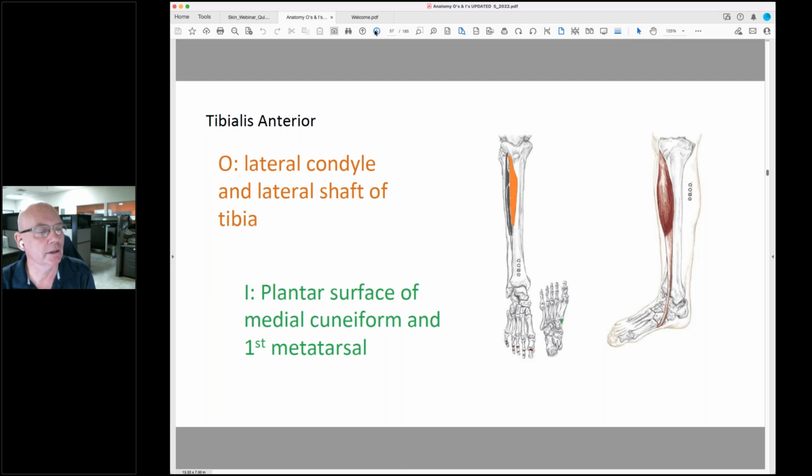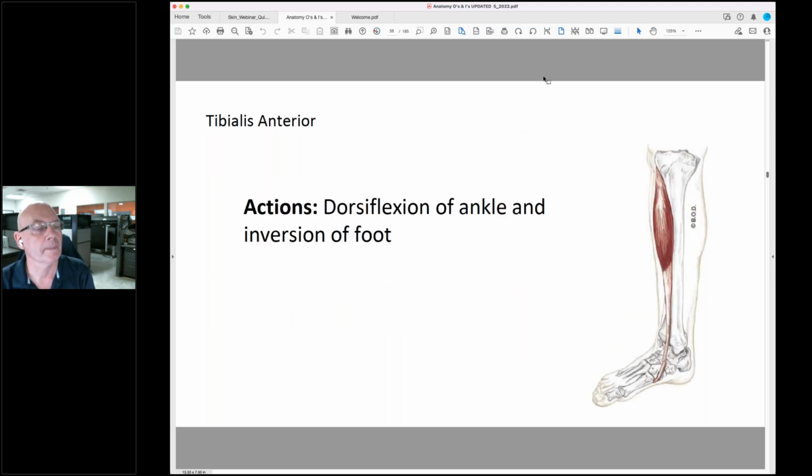Okay, the actions of tibialis anterior. Dorsiflexion of the ankle, okay, and inversion of the foot. So basically, you can see how it's going to bring the foot up to dorsiflex and bring the big toe up, leaving this on the ground for inversion.